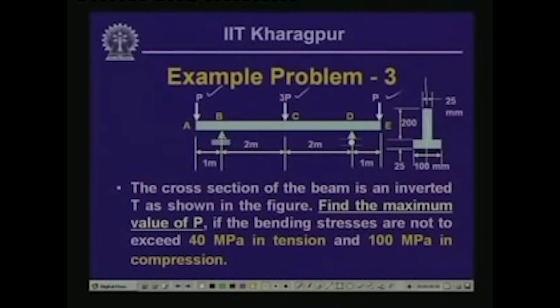Please note that it is hinged at this end and on roller support over here, with overhangs on both sides. Geometrically and loading-wise it is symmetrical. Now, we need to find the maximum value of P if the bending stresses are not to exceed 40 MPa in tension and 100 MPa in compression.